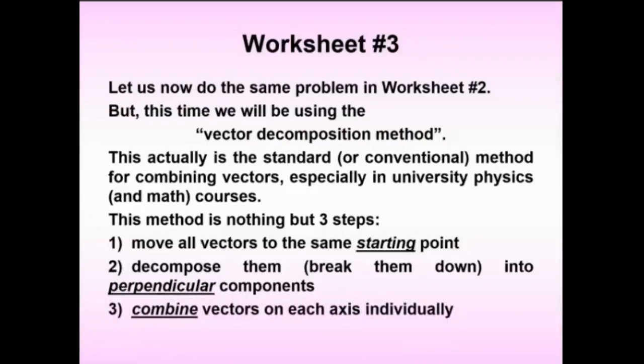So basically, everyone, eyes on me, you break your problem into how many dimensions? Two. Or if you had 3 dimensions, you would break it into 3. Don't worry, we do not do 3D in grade 12 physics, and it's even barely done sometimes in first year. We're going to focus on 2 dimensions. So you're going to break down all the vectors onto either the x-axis or the y-axis. The x-axis is treated by itself, and the y-axis is also treated by itself.